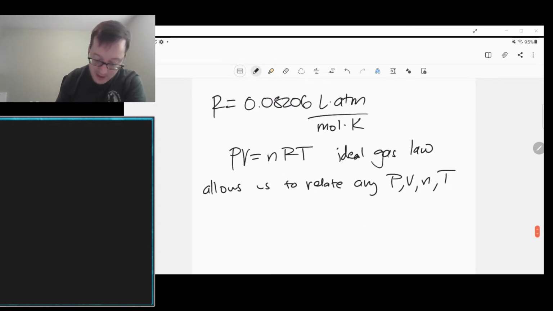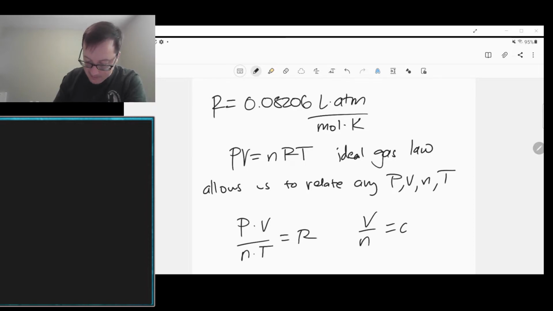We can derive that from this equation. Volume over moles must be a constant, and so that must be a direct relationship, assuming pressure and temperature are constant, and that makes sense to us, right?